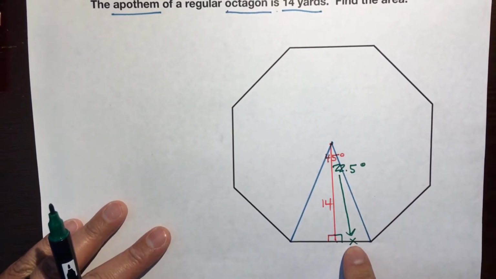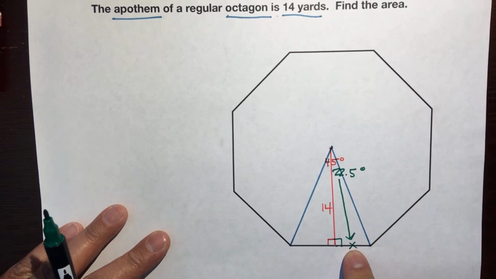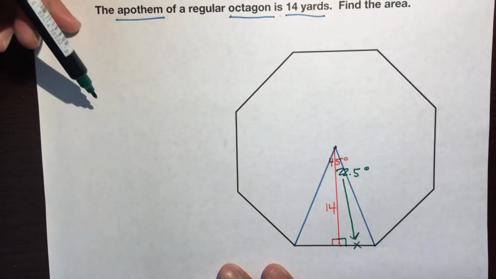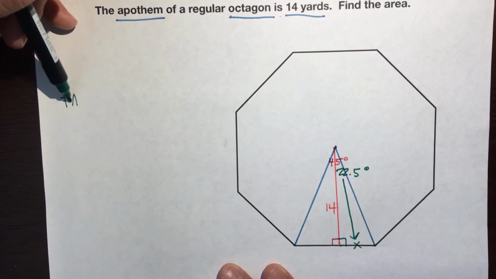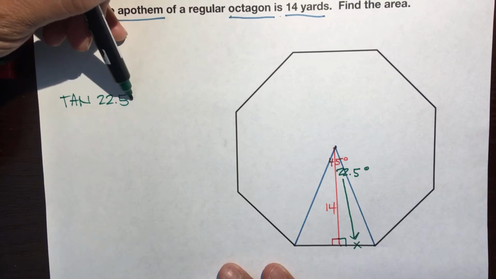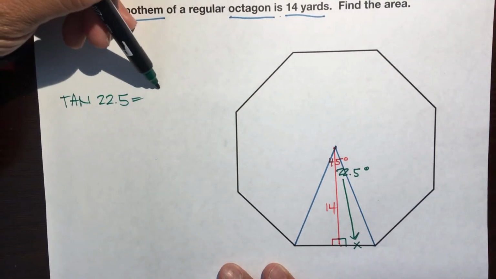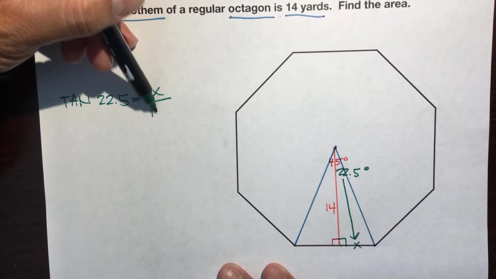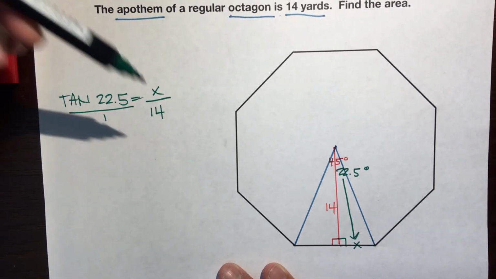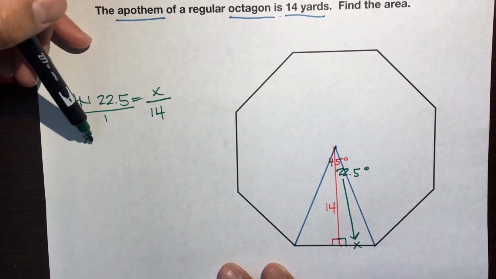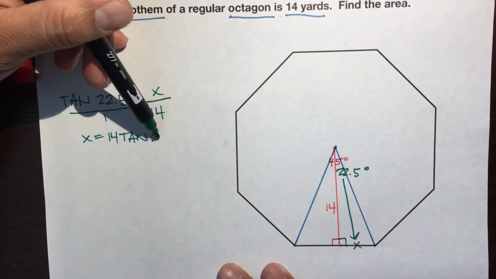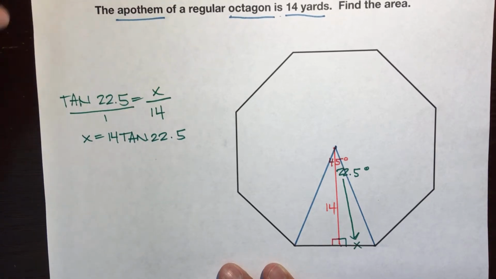We have the opposite, which is x, and we have the adjacent, which is 14. So let's write tangent of 22.5 is equal to the opposite, x, over 14, which is the apothem. We'll put a 1 under, and we'll cross multiply. 1 times x is just x, equal to 14 times tangent of 22.5.